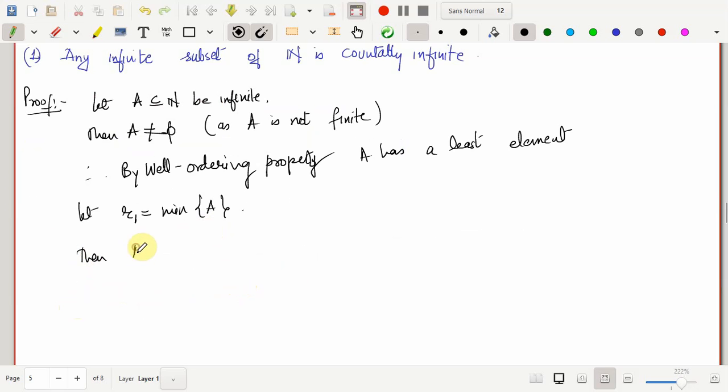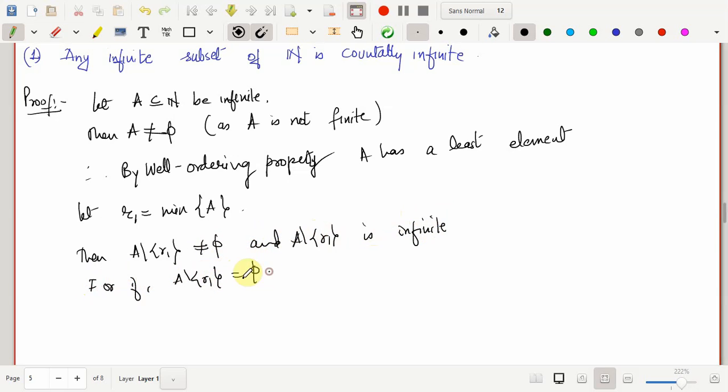Then again, if I consider A difference R1, this also has to be non-empty, and also infinite. Because if this is empty, then this would imply that A contains only one element, which is finite. So that is a contradiction.